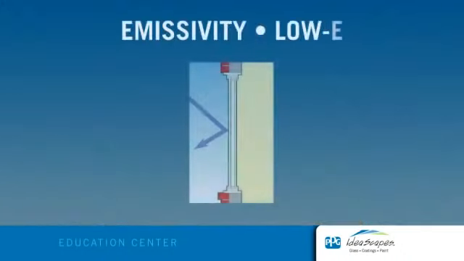When heat or light energy is absorbed by glass, it is cooled by moving air or re-radiated by the glass surface. The relative ability of a material surface to radiate energy is known as emissivity. In general, highly reflective materials have a low emissivity, and dull, darker colored materials have a high emissivity.